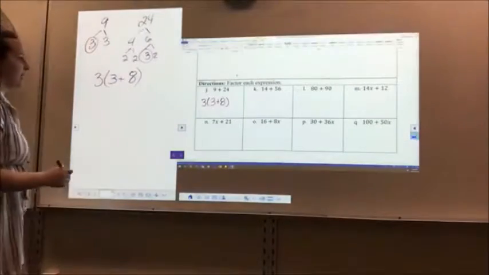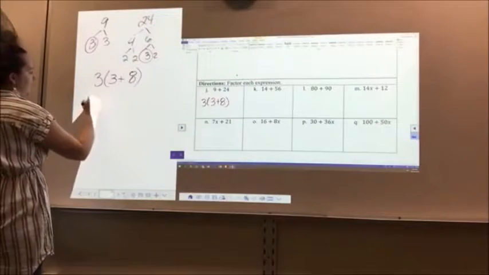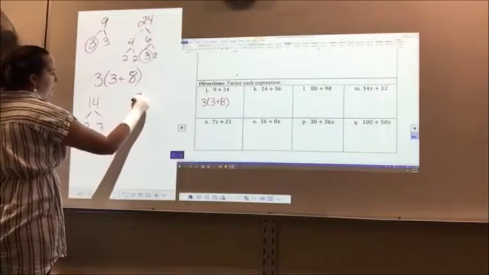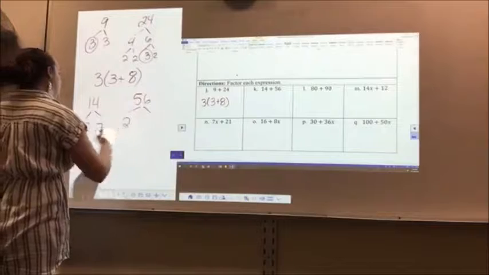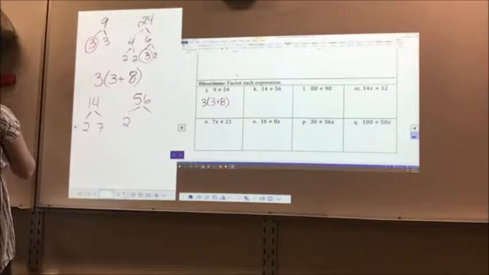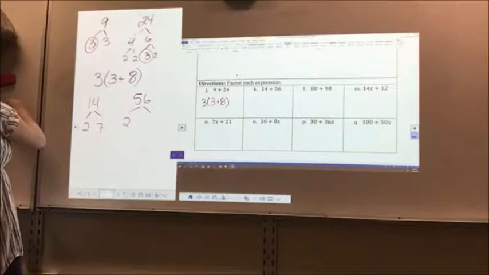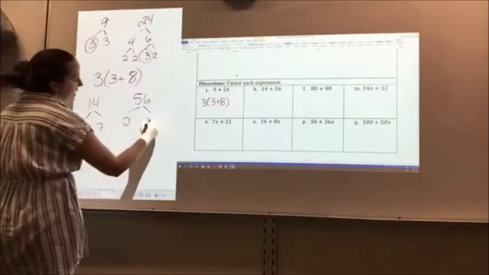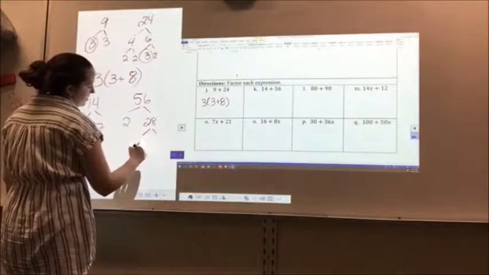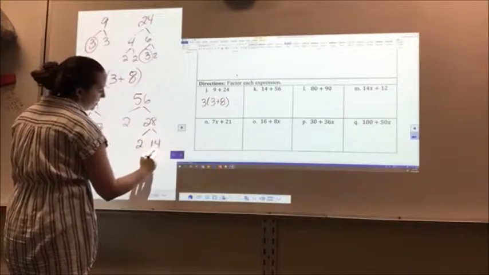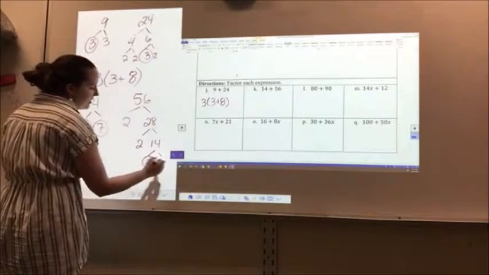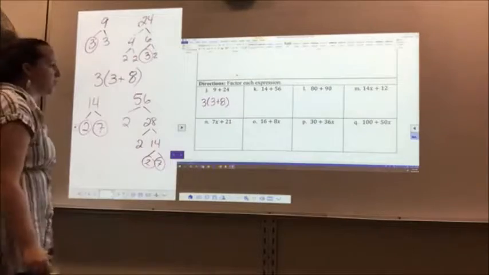Okay, for letter K, I have 14 and 56. So 14 is 2 and 7. 56 is 2 and 28. 28 is 2 and 14, which is 2 and 7. So they both have a 2 and a 7, so that's what I can factor out, which is 14.